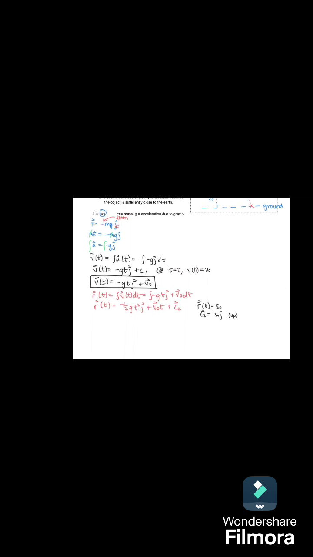We know that our initial position is s of 0, s naught. So that means c2 equals s naught j. So our position is negative 1/2 g t squared j plus v naught t plus s naught j.